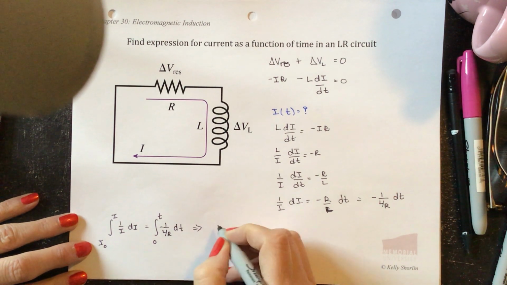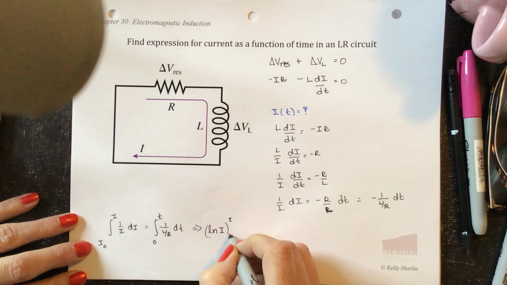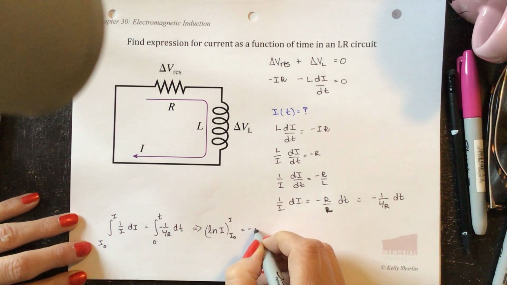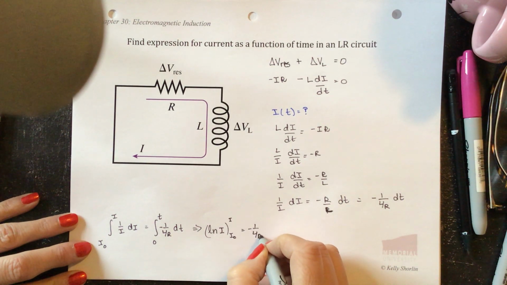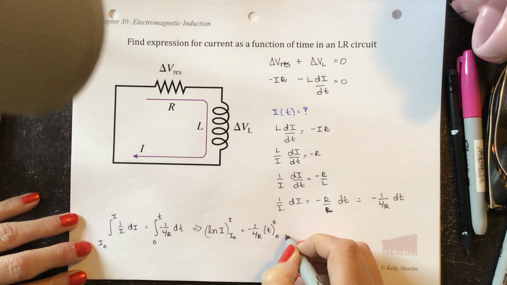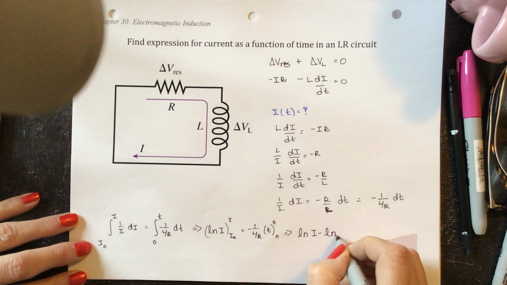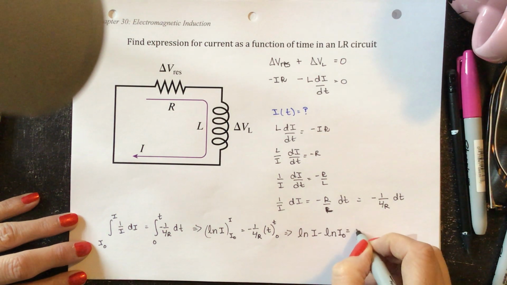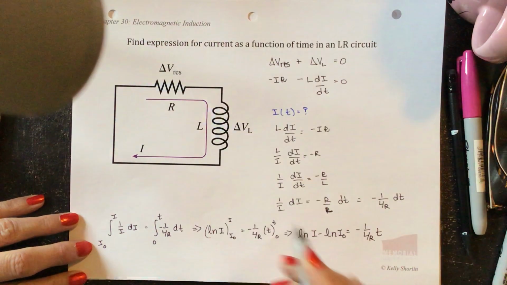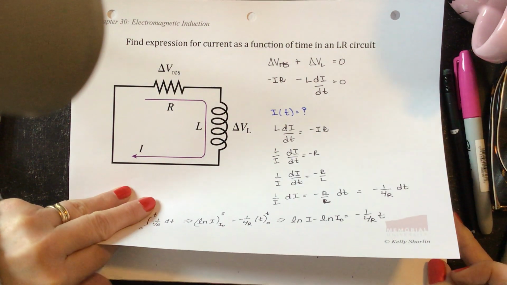The integral of 1 over I is the natural log of I. That's evaluated at some current I and our initial current, and equals minus 1 over L over R times t, evaluated at some general time t and 0. This gives natural log of I minus natural log of I0 equals minus 1 over L over R times t. This page is a tiny bit full, so I'll just get a fresh sheet.